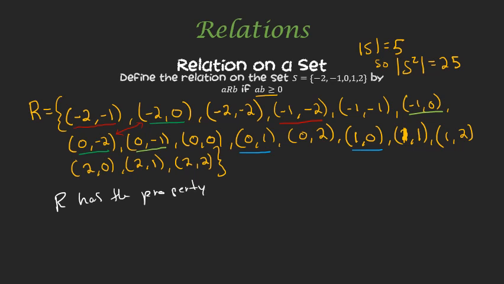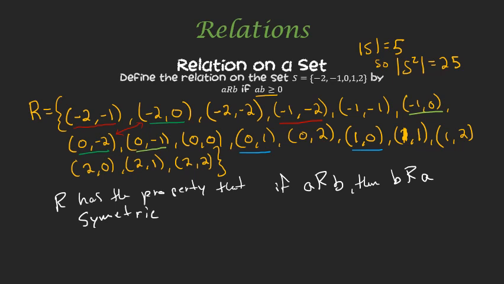How do I describe this relationship that's going on with these? It has the property that, if A is related to B, then B is related to A. This is called symmetry, or the symmetric property of a relation.